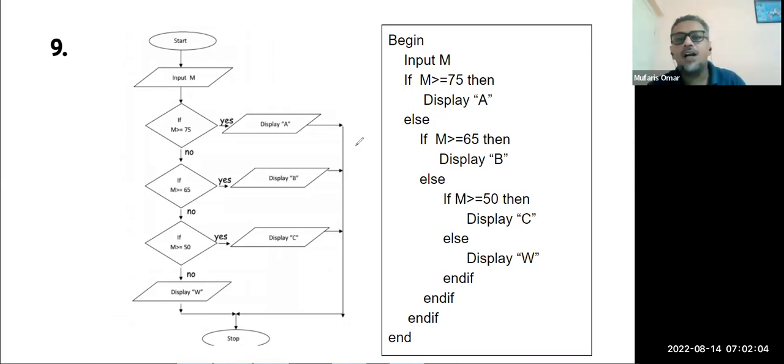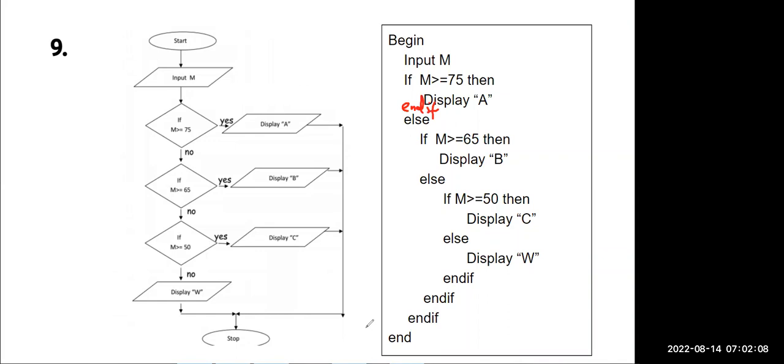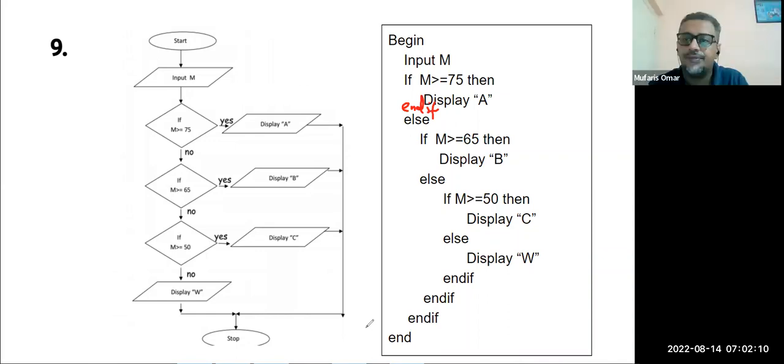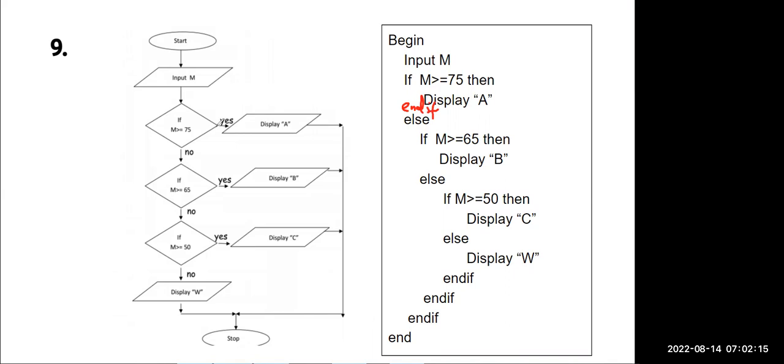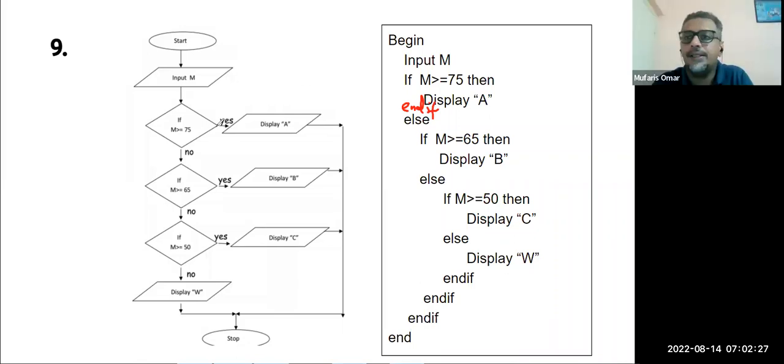Can't we put end if here? Yes. Every program will run separately, so every condition will be checked. If it is even more than 75, B will be outputted. Okay. Any other comments?